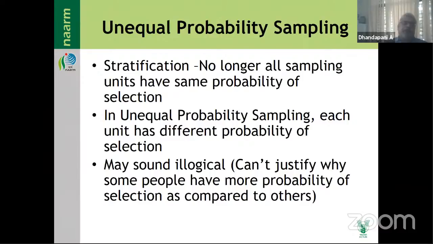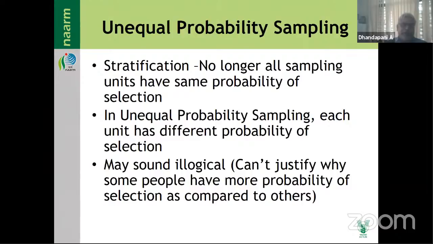For example, I need to select 100 units. Suppose I divided the entire district into, say, five strata, and the first stratum has a certain number of villages, the second stratum has a certain number of villages, and so on. Then the villages I select should be allocated proportionally to the number of villages under each stratum. If you do that, it becomes equal probability. But there is no need to go for that.